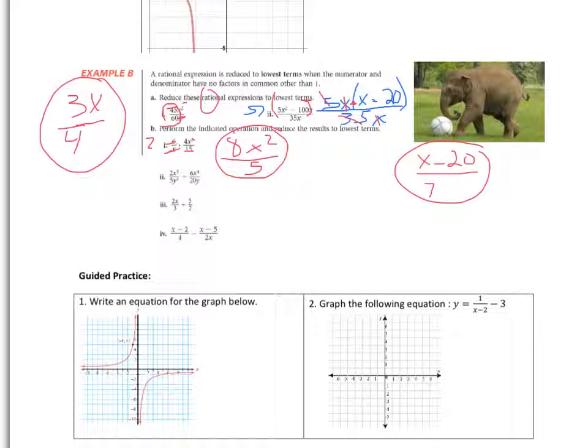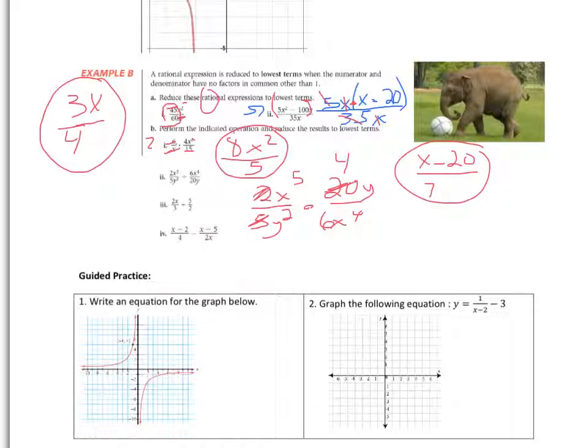For II, we know that division is really multiplication by the reciprocal. So if I take 2x to the 5th over 5y squared, I multiply by the reciprocal. So I flip over 20y and 6x to the 4th. And again, I can cross cancel if I want to, or I can just multiply across. So I can cancel out 5 from 20, and I get 4.